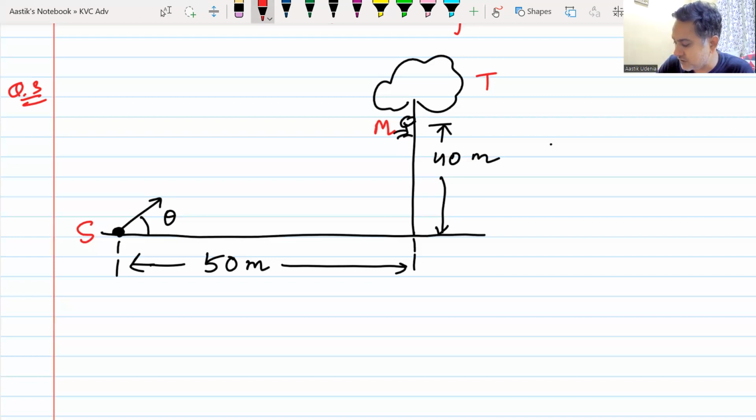You have to find out this theta in my question, or the question could be put in a different way.